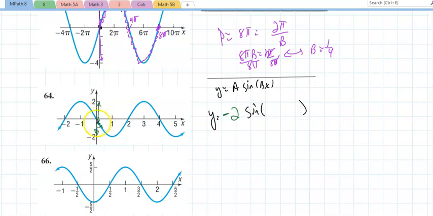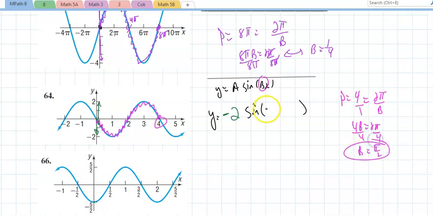And if I cover this area, one full cycle is really 4 units. The period is 4 units, and the period is 2 pi divided by b. Cross multiply, divide by 4, and that will be pi over 2, so this is pi over 2x.